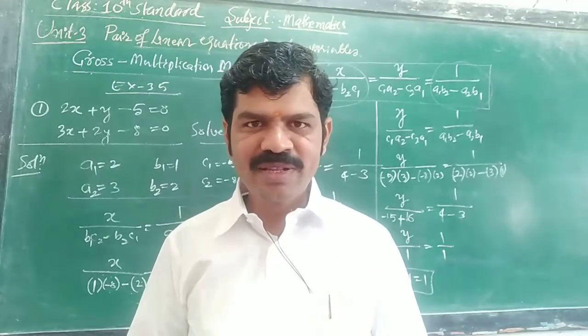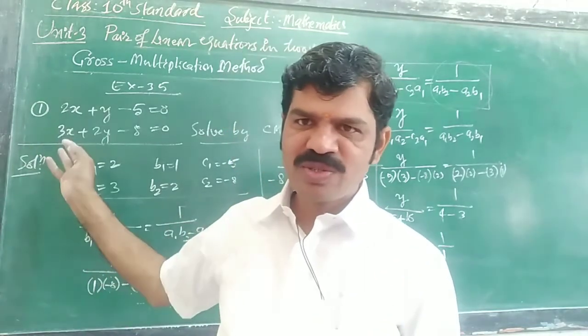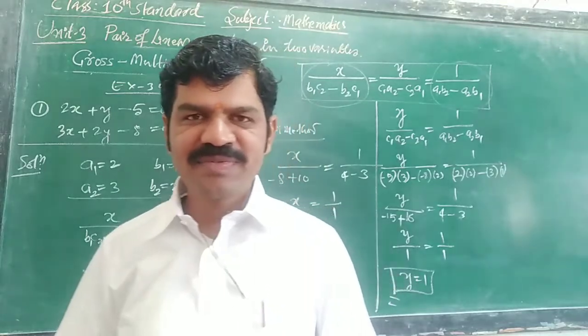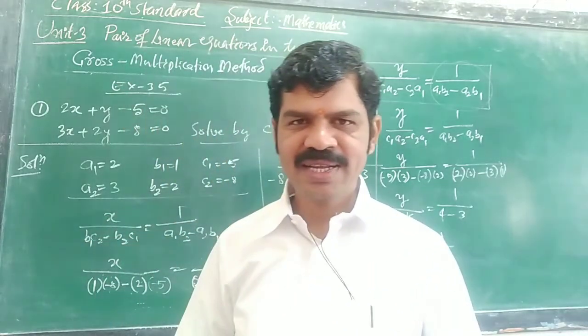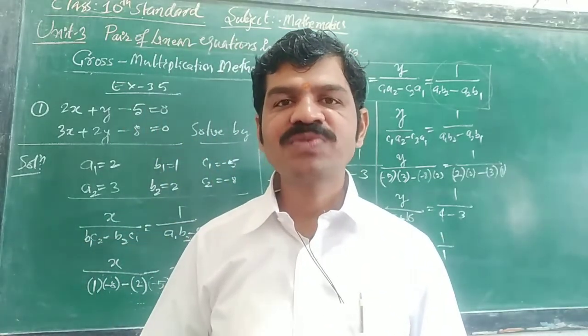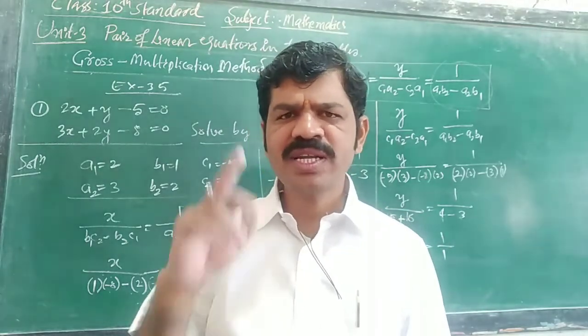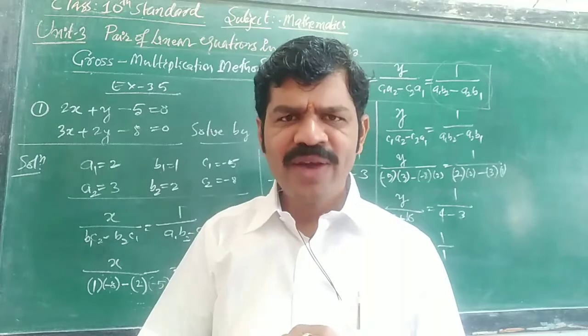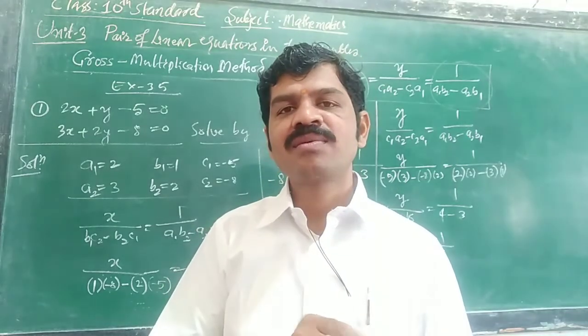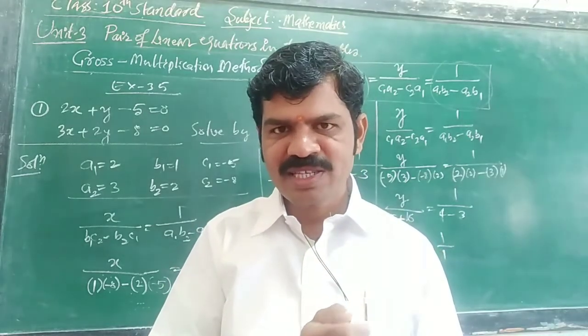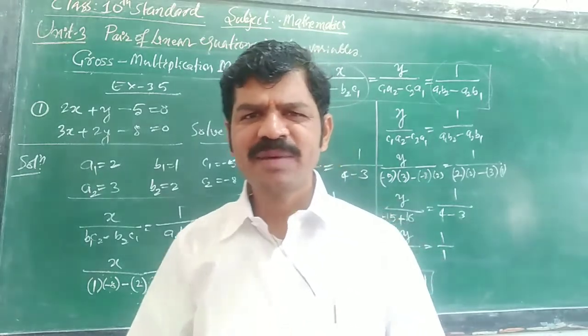If you remember the formula, then using the question, you can easily find the values of x and y. This will be an optional question for you. They will not particularly ask you to find x and y by the cross multiplication method; in any method they may ask.